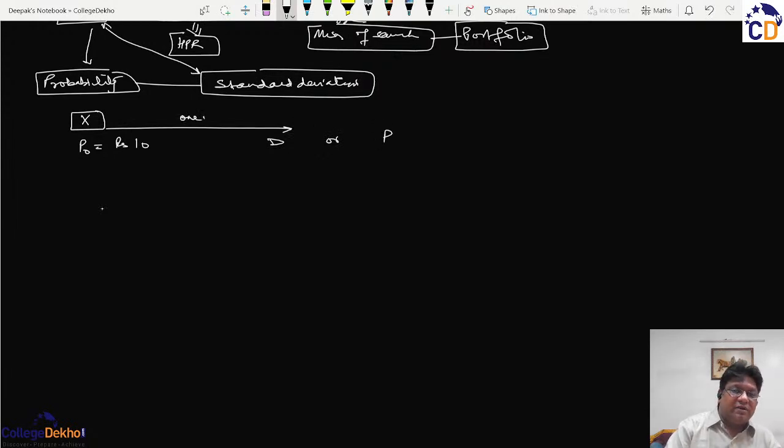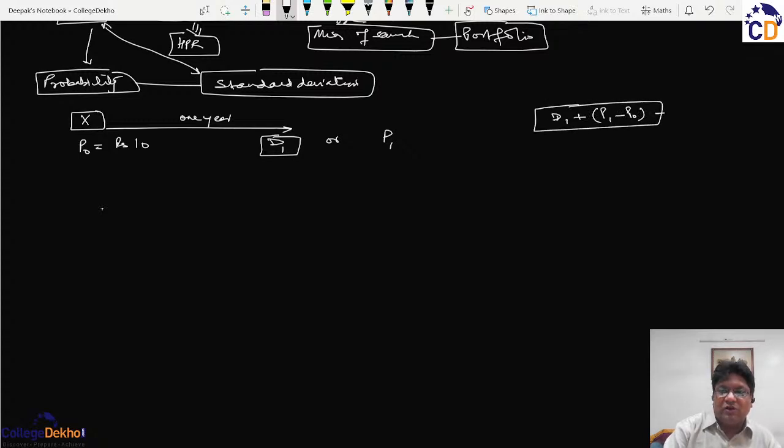If we take a 1 year horizon, we anticipate the expected dividend and the expected price, because this D1 plus the capital gains P1 minus P0 denote the total returns on the security, as discussed in the first session. And those total returns, divided by the investment P0, give you the figure of HPR.